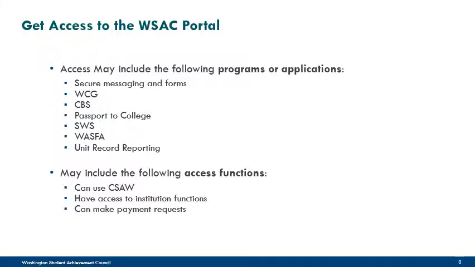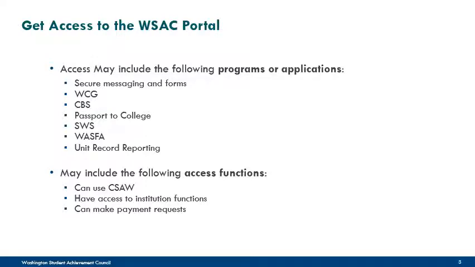When you get access to the portal, some of the access may include secure messaging and forms, the Washington College Grant Program, College Bound Scholarship Program, Passport to College, the State Work Study, and the Washington Application for Student Financial Assistance, or WASFA, and also the unit record reporting.